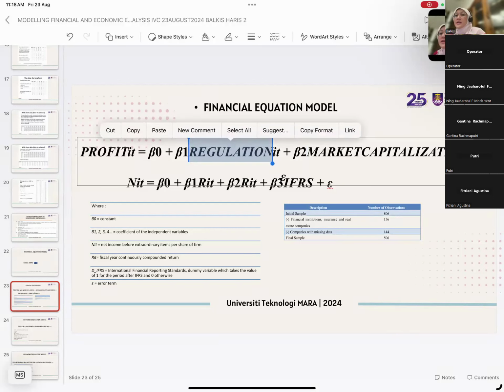If you look at the model, profit equals beta 0 plus beta 1 regulation plus beta 2 market capitalization.